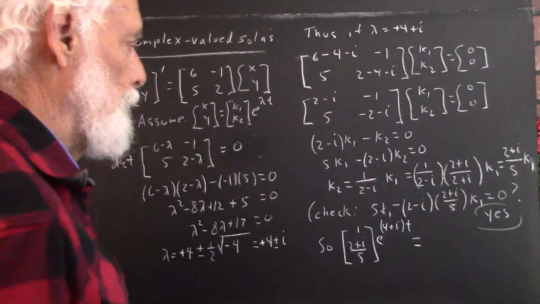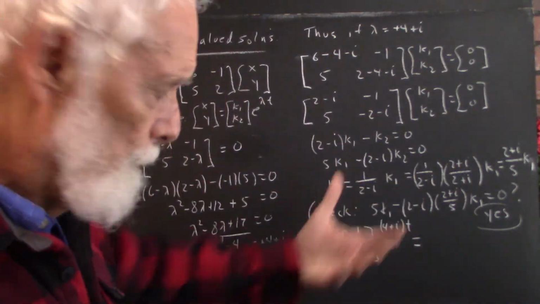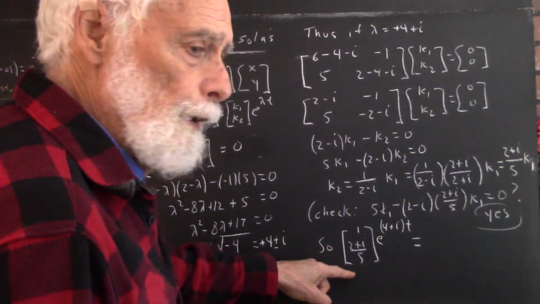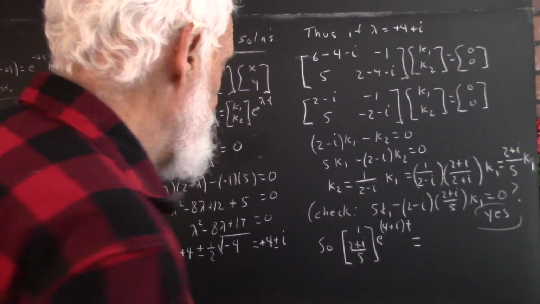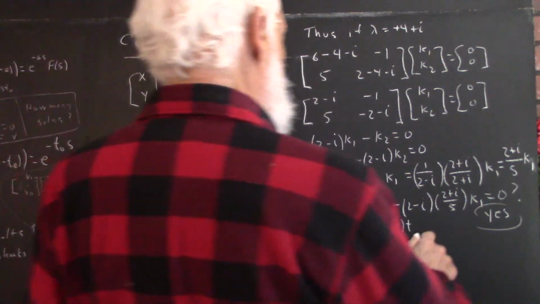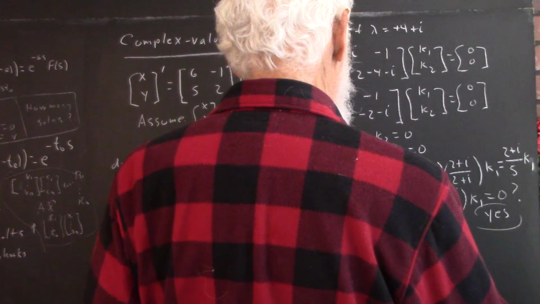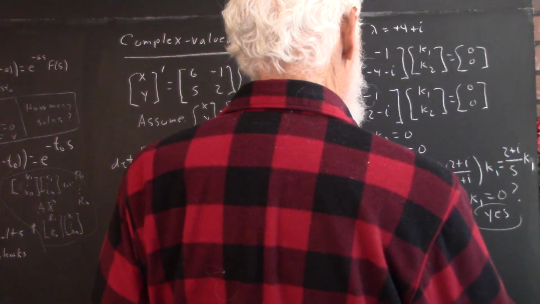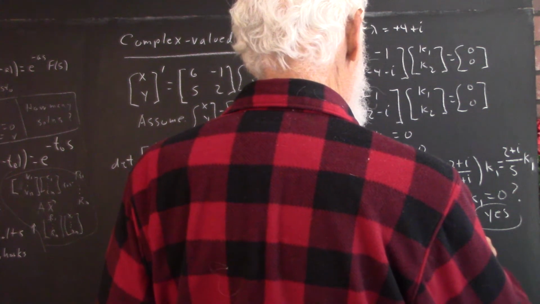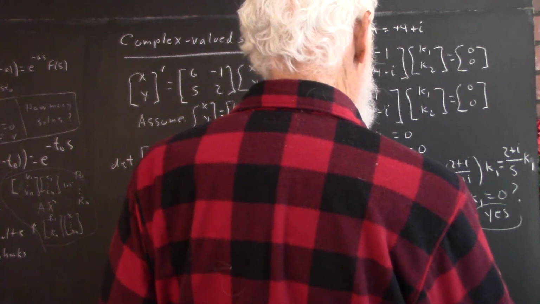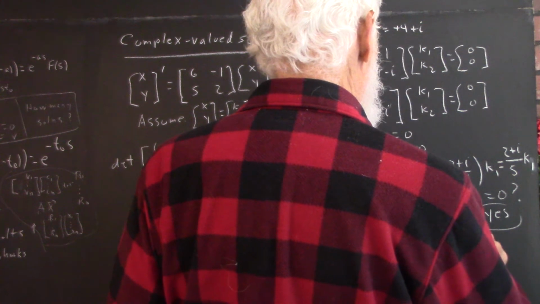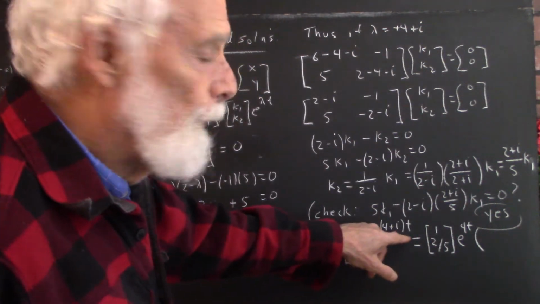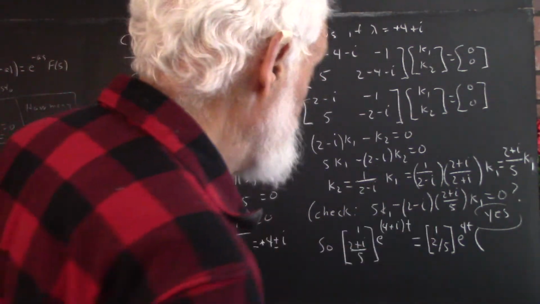And now we can write this using the Euler identity, which you're familiar with, and separating out the real and imaginary parts here. I can write this as 1, 2/5 times e to the 4t times e to the it, which is cosine t plus i sine t.